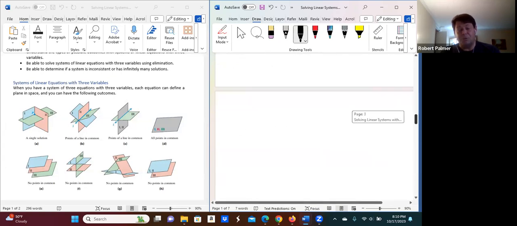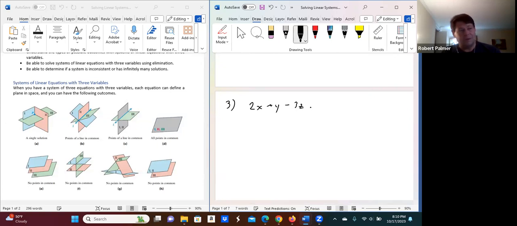Let's take a look at number 3. And this one, equation 2x plus y minus 3z is equal to 0. 4x plus 2y minus 6z is equal to 0 also.